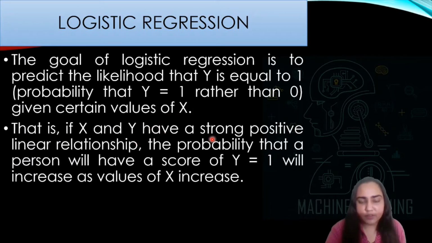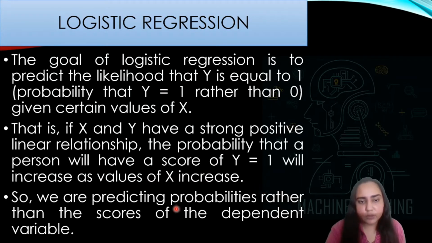So if x and y have a strong positive linear relationship, the probability that a person will have a score of y equal to 1 will increase as the values of x increase. So what you're doing is predicting probabilities rather than the scores of the dependent variables.